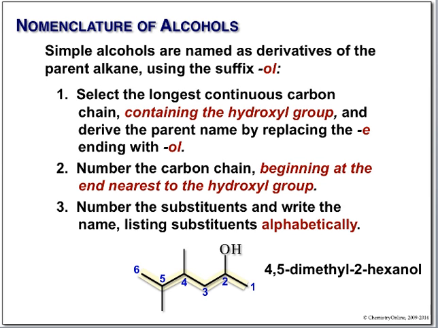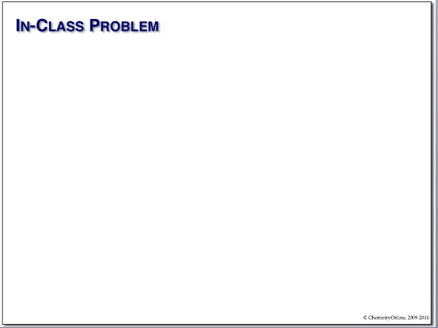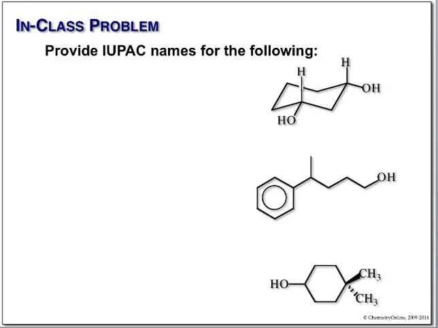All right, let's try our problem set again now. This is our cyclohexane diol. We said we had hydroxyl groups at carbons 1 and 3. They are both equatorial. That means they are on the same side of our ring plane.